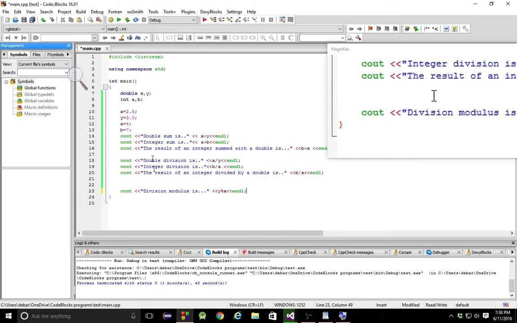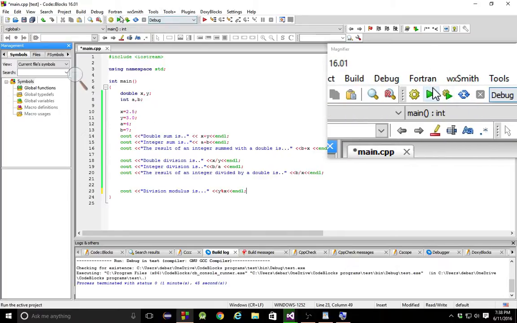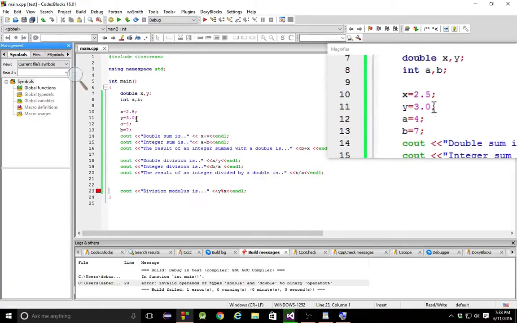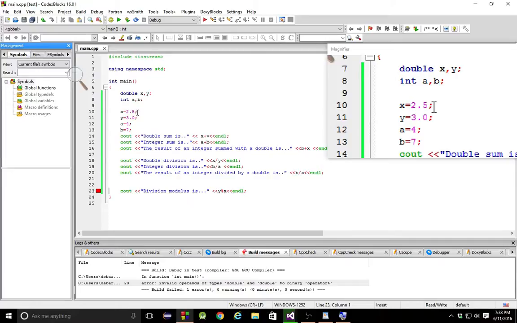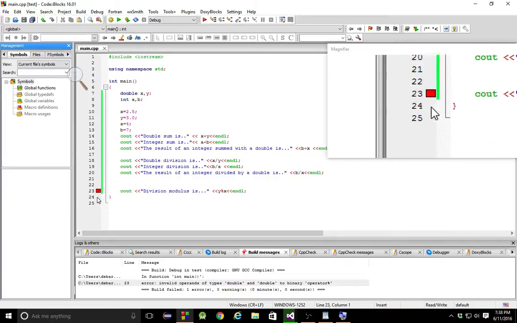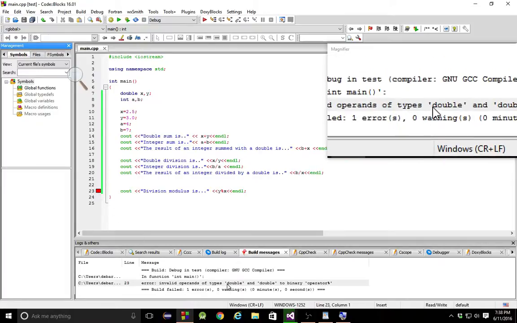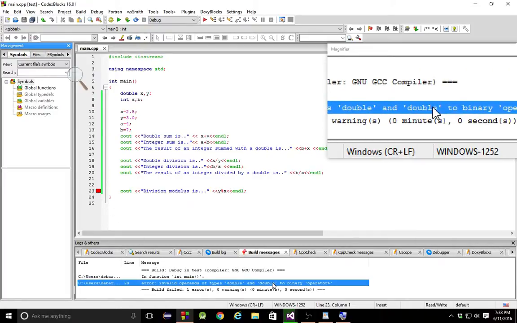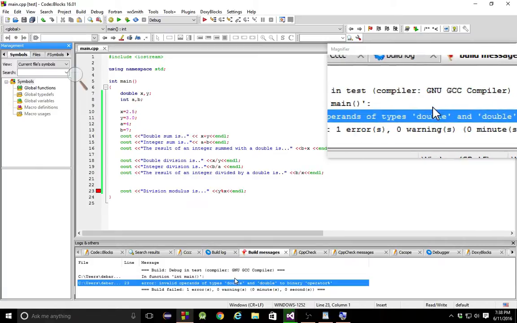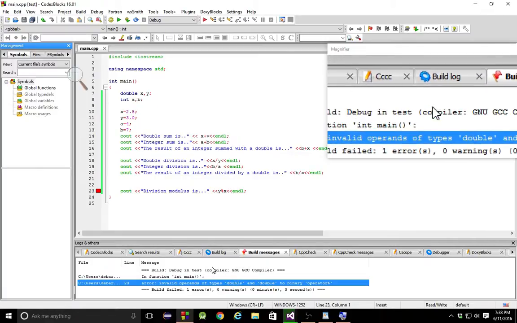So let's see the division modulus over here. So 3 mod 2.5. Wait a second. It gives me a breakpoint. You can't use double to do modulus. Wow.